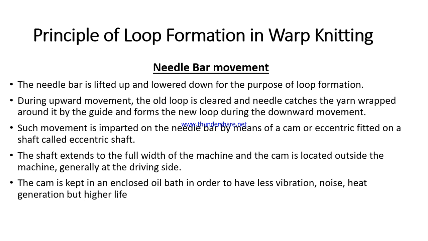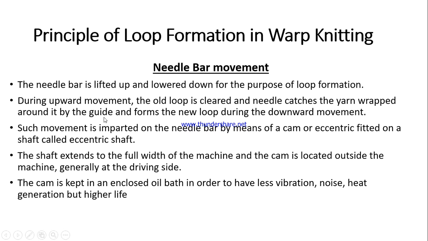The needle bar is lifted up and lowered down for the purpose of loop formation. That means the needle bar has an up and down movement in the vertical direction. During the upward movement, the old loop is cleared and the needle catches the yarn wrapped around it by the guide.